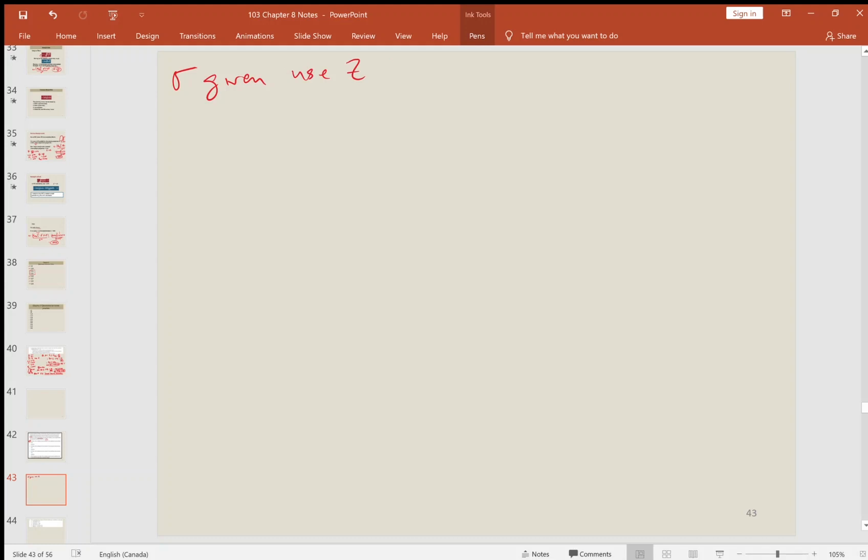Now I'm doing part A. In part A, a 90% confidence interval means 1 minus alpha is 0.90. So alpha is 1 minus 0.90, which equals 0.10.